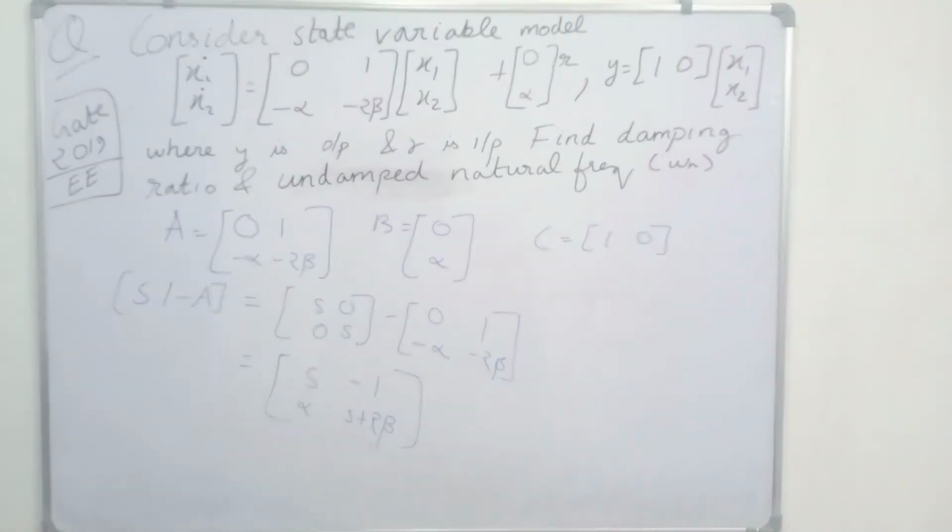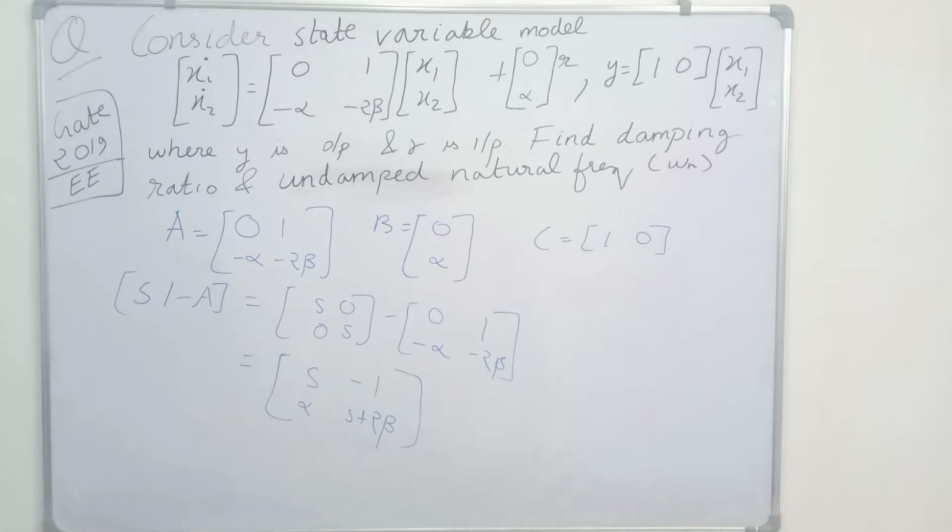This will be equal to [s, minus 1; alpha, s plus 2 beta]. So this is sI minus A.